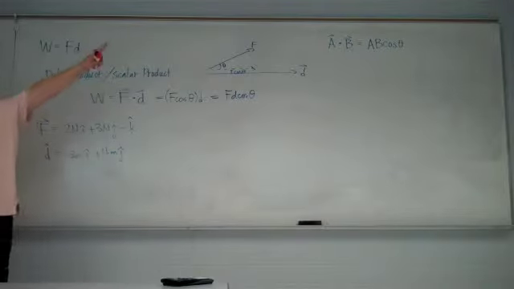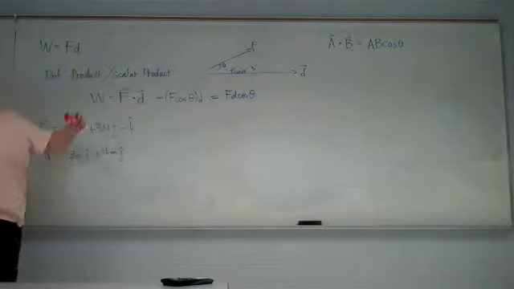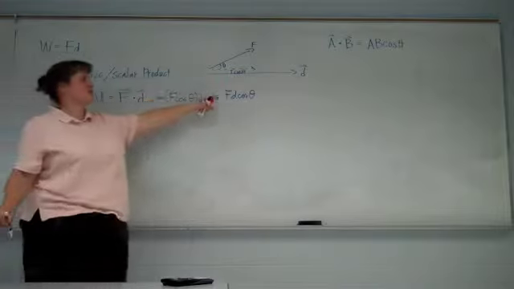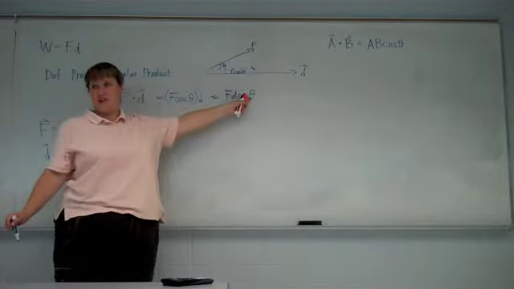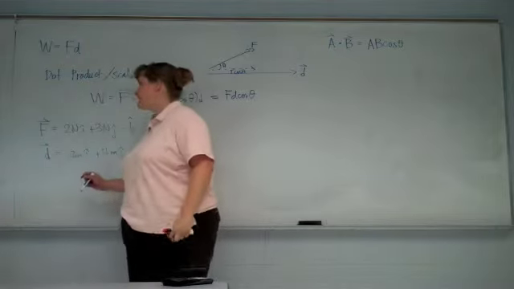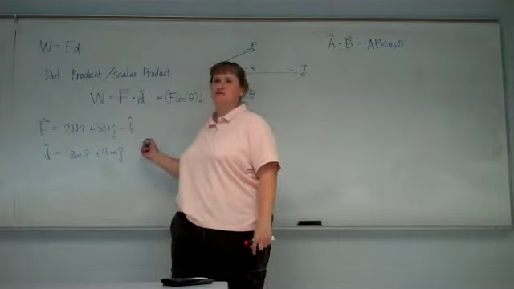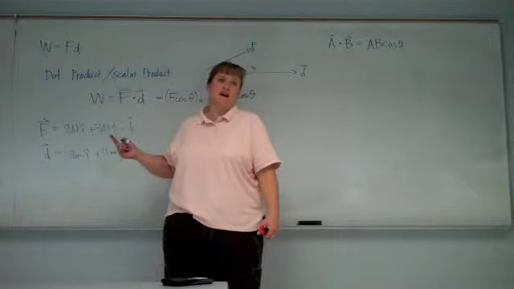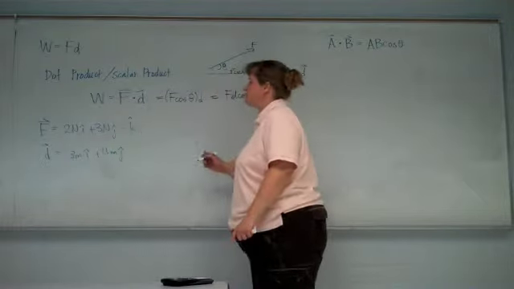So it ends up moving up an incline this way. So you have a displacement vector this way, a force vector this way. If you want to use this equation, you would need to know the angle between those two. And it's a little challenging to find angles in 3-dimensional space.